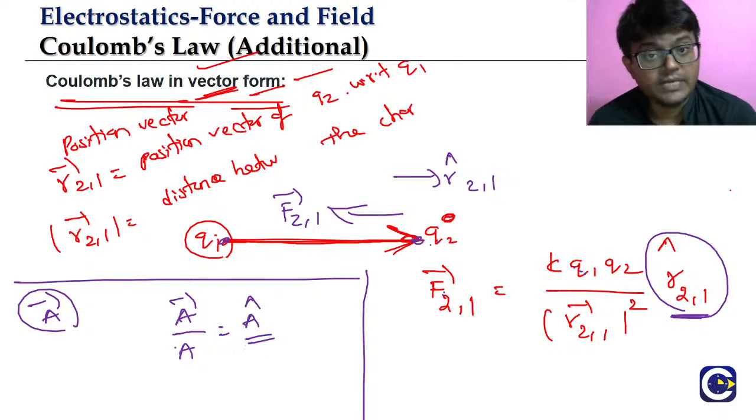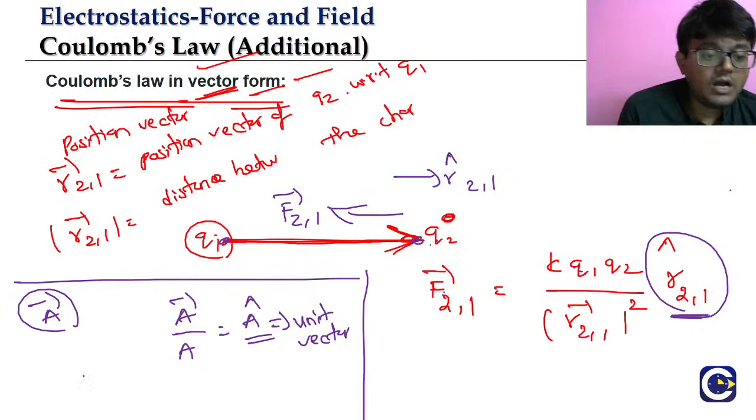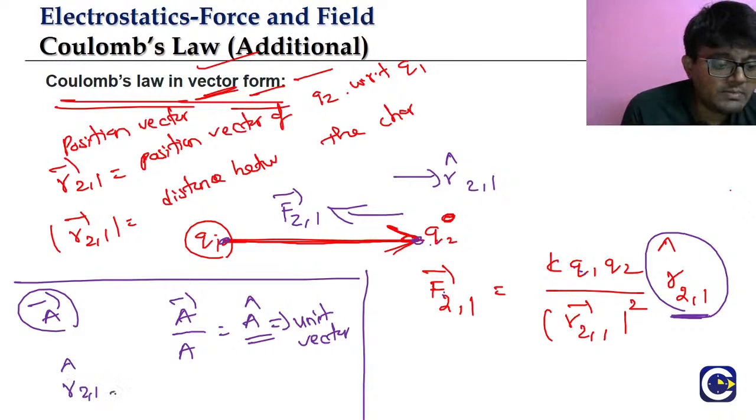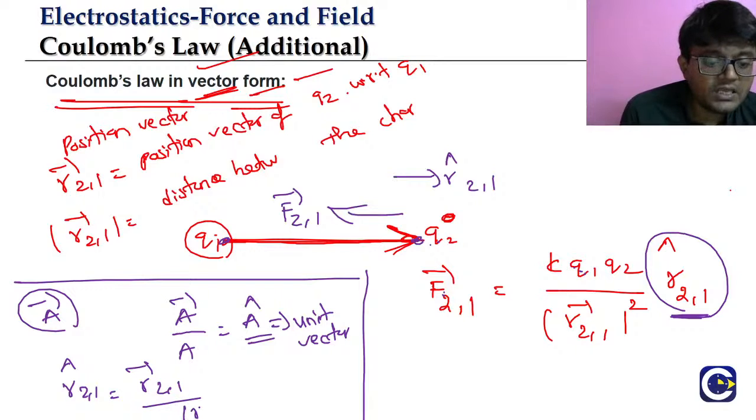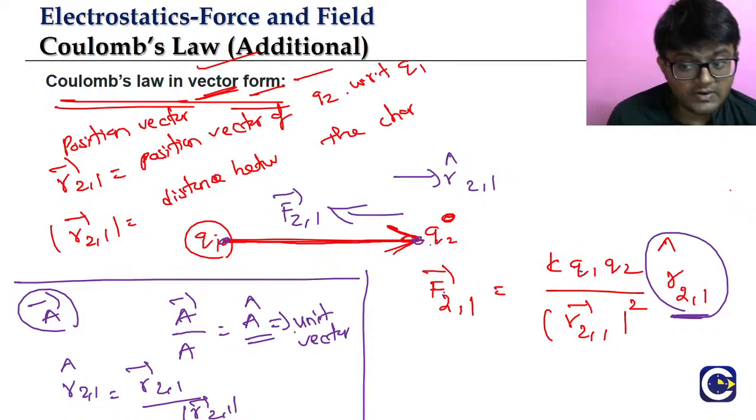Okay? So what do we call this? Unit vector. So r cap 2 comma 1 is r bar 2 comma 1 divided by its modulus.